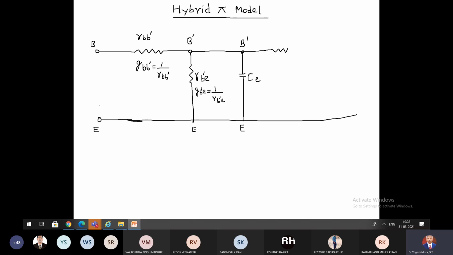Here I will draw this resistance, and this is our collector, and this resistance is RB dash C. I will extend this here. This is E here.